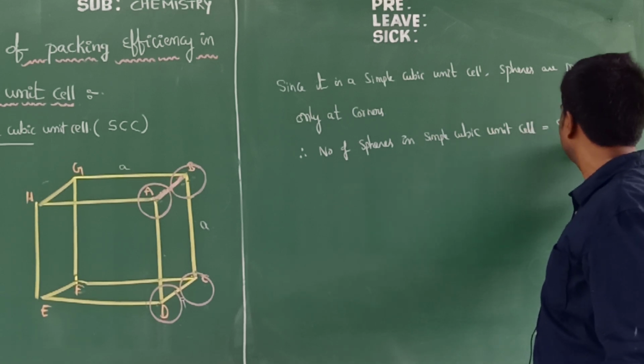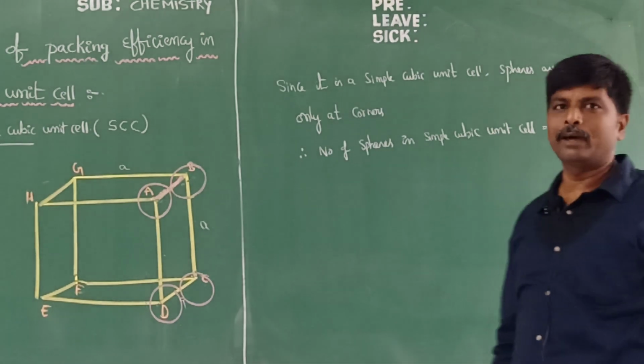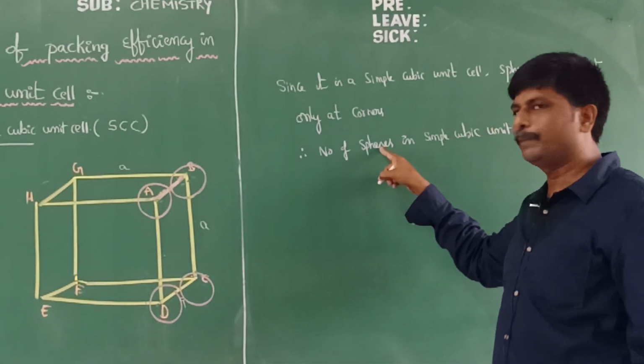Each corner's contribution is 1 by 8. 8 into 1 by 8 is 1. So only one sphere will be there.